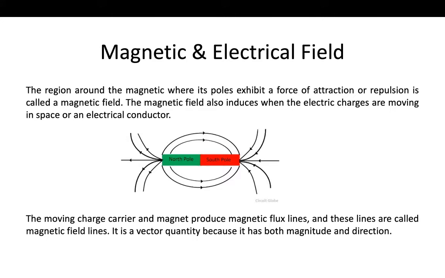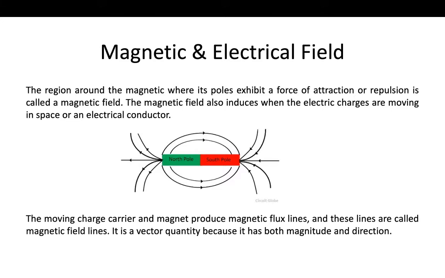There is a type of force, repulsion or attraction, around this magnet, and this region where this force can be experienced is called the magnetic field. The magnetic field is also induced when electric charges are moving in space or in an electrical conductor.